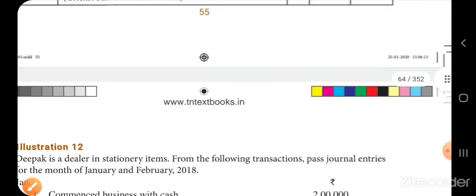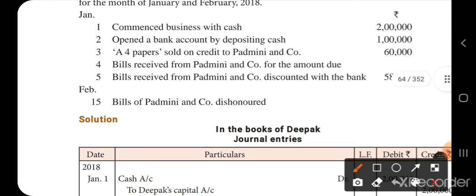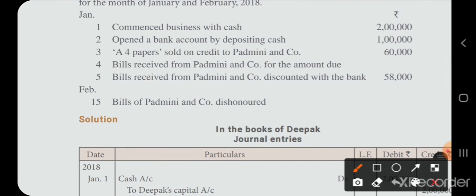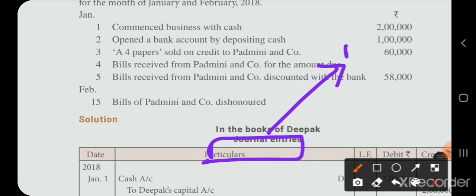The next last entry, bills of Padmini and company dishonored. Now on the due date, when the banker tries to collect the amount from Padmini, okay, Padmini dishonors the bill. In that case, what will be the entry?